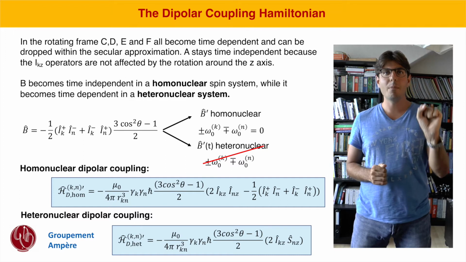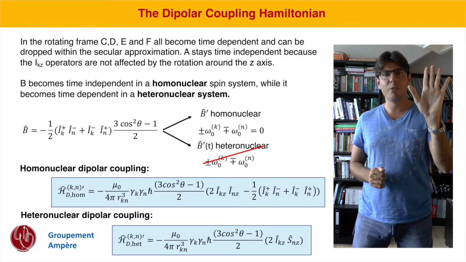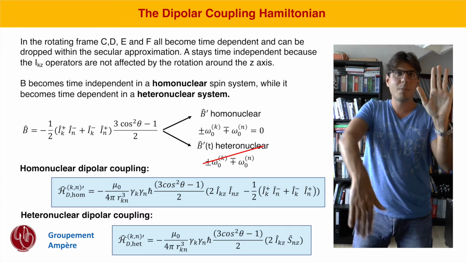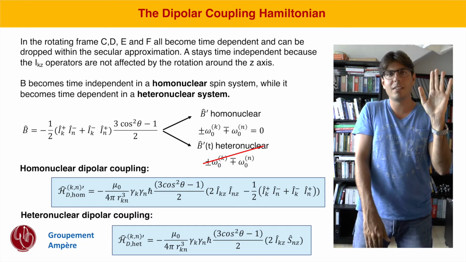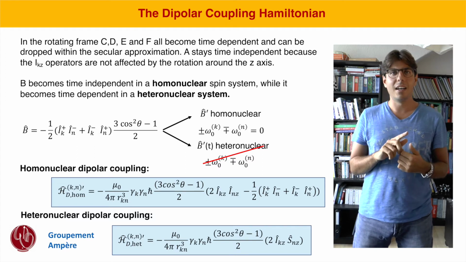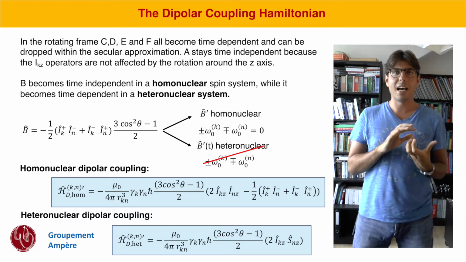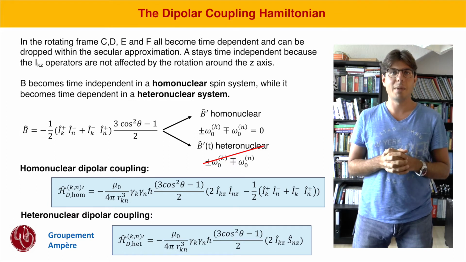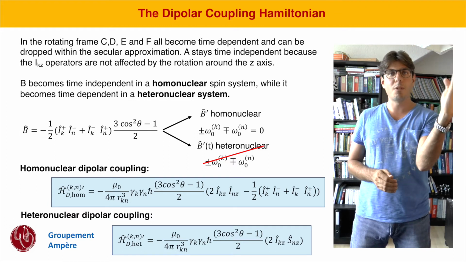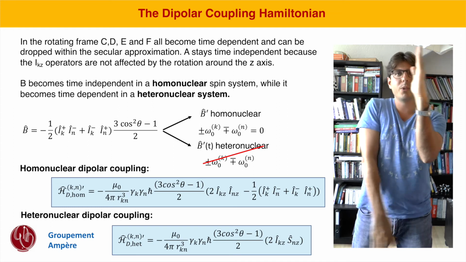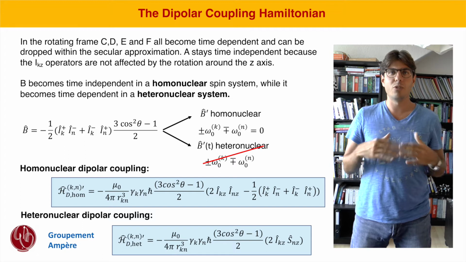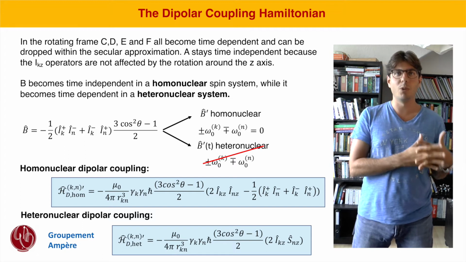Well, you pick up a plus omega 0 from the I plus that goes into the interaction frame, but you will pick up a time dependence with minus omega 0 because of the I minus operator for the second spin. And so you have a rotation with a plus omega 0, you have a counter rotation with a minus omega 0, and the two rotations will compensate each other in the homonuclear system.